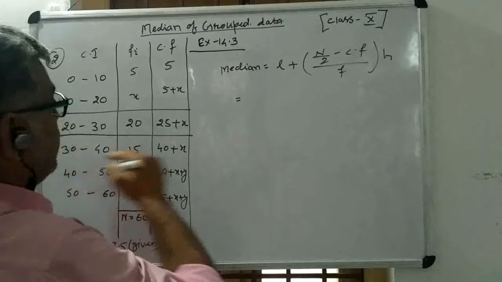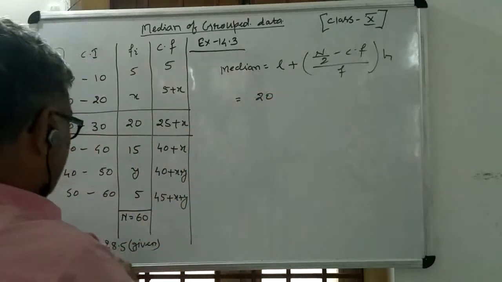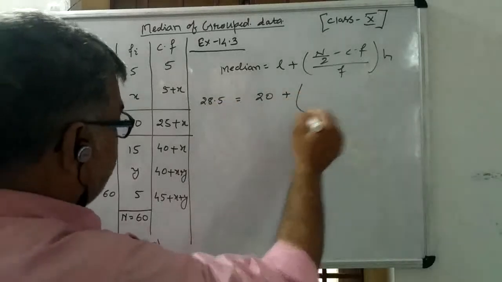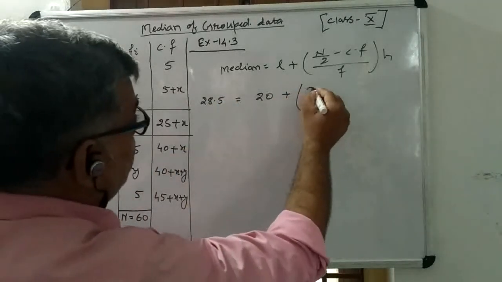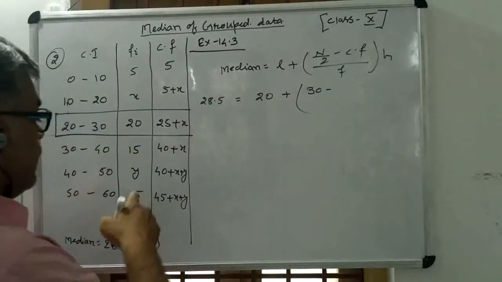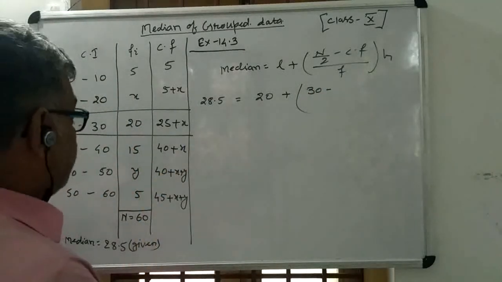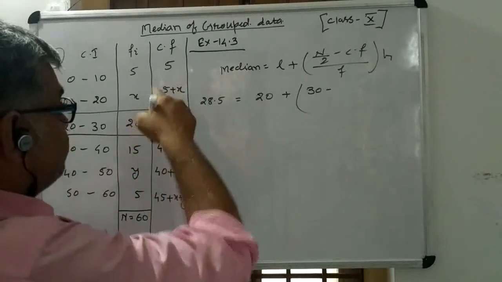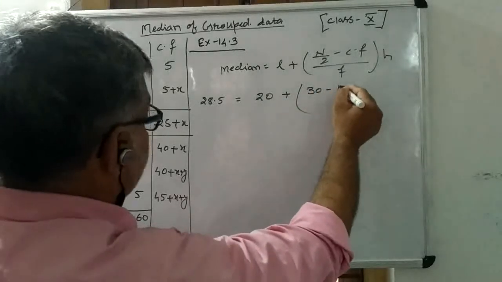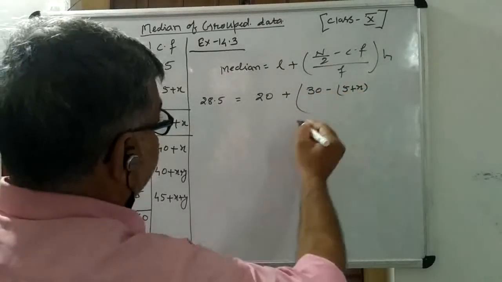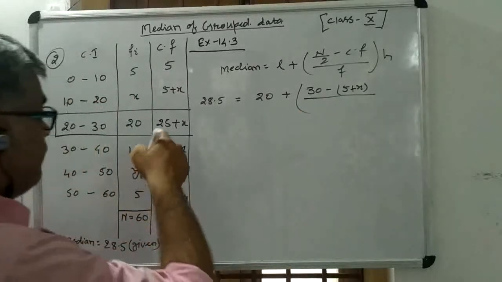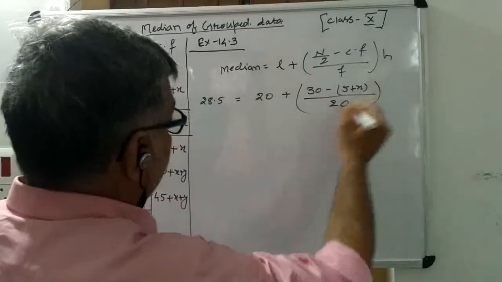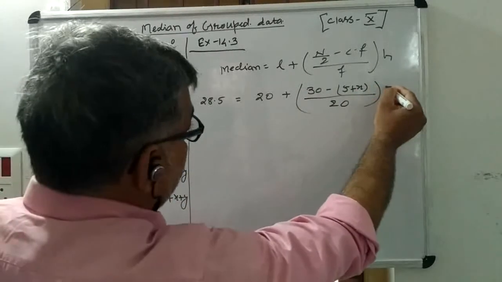So L equals 20, and the median is already given as 28.5. n is 60, so n by 2 will be 30. CF is the cumulative frequency of the class preceding the median class, so it will be 5 plus x in the bracket. f is the frequency of the median class, that is 20, into h. h is your class size, which is 10.